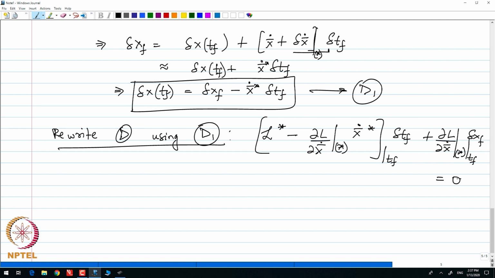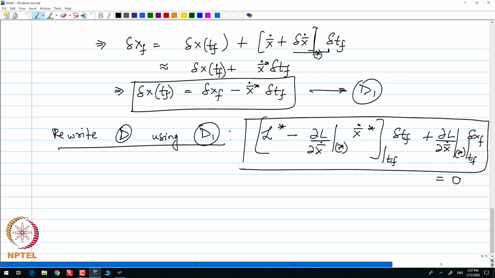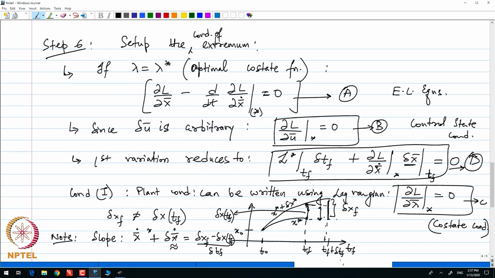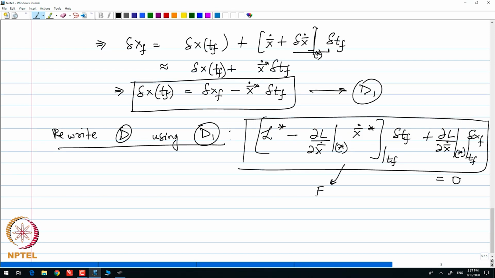Notice that this is nothing but our natural boundary condition. Let me continue numbering: so far we have numbered A, B, C, D, so let me denote it by E. E is nothing but our natural boundary condition.